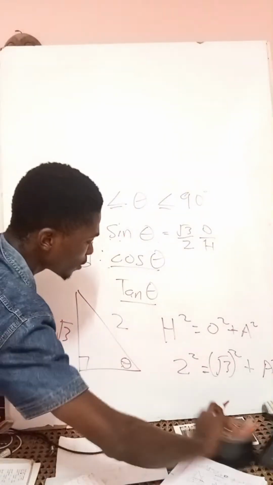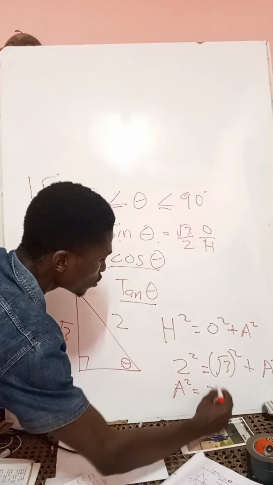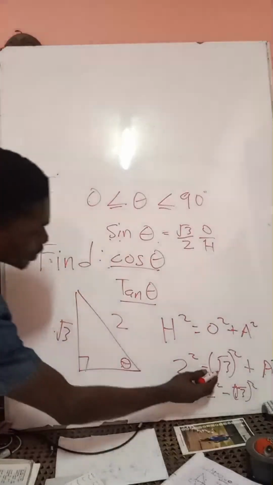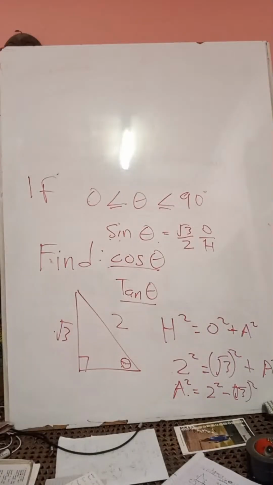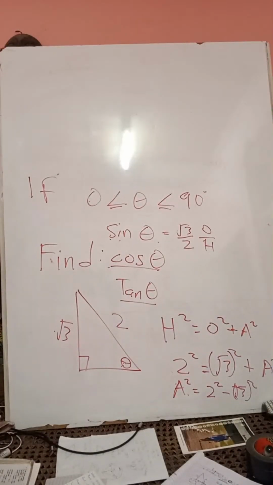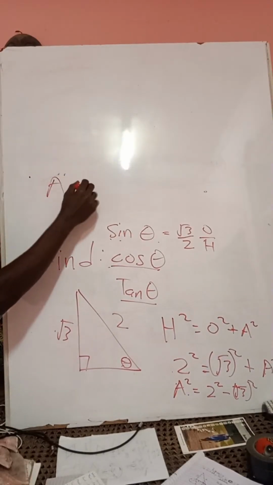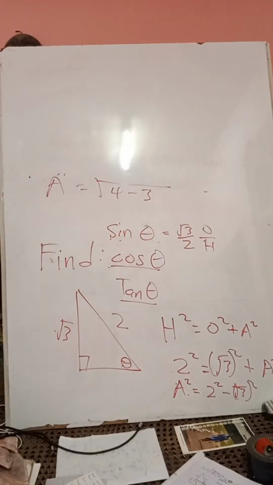It means that a square is equal to 2 square minus root 3 all square. So a is equal to root of 4 minus 3, and root 1 is equal to 1. So a is going to be 1.